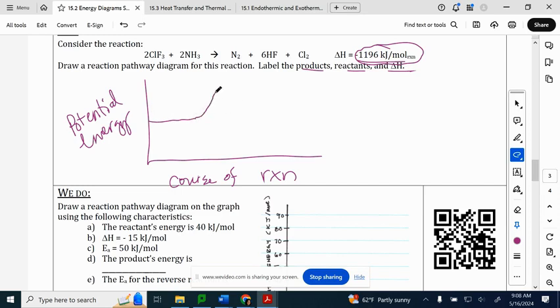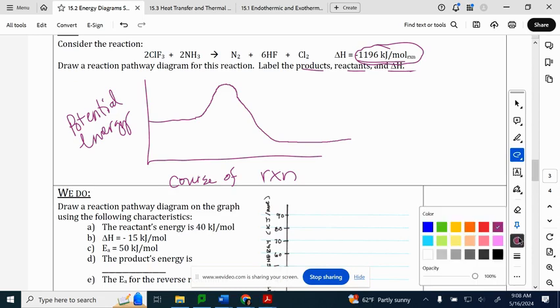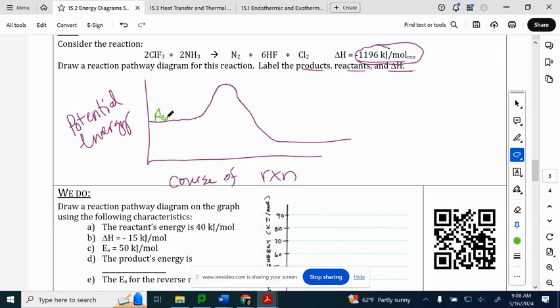So my reactants are going to start out over here. Every reaction is going to have some activation energy. And then we want to go down here to our products. We are going to then put some labels on these. These are my reactants. These are my products. Between here and here is my activation energy.